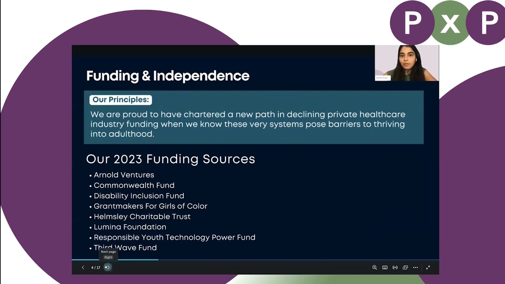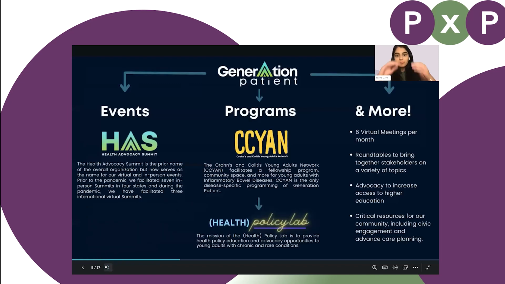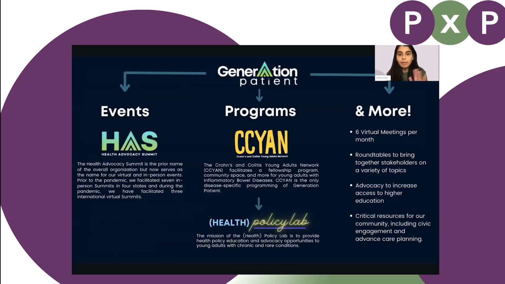However, we have quite a few young adult patients that we work with internationally as well. So a little bit more about the structure of Generation Patient before I get into the meat of the work that we do. We do events, programs, and meetings. We have a big focus area on peer support, interventions, the second being within health policy, and the third within higher education.